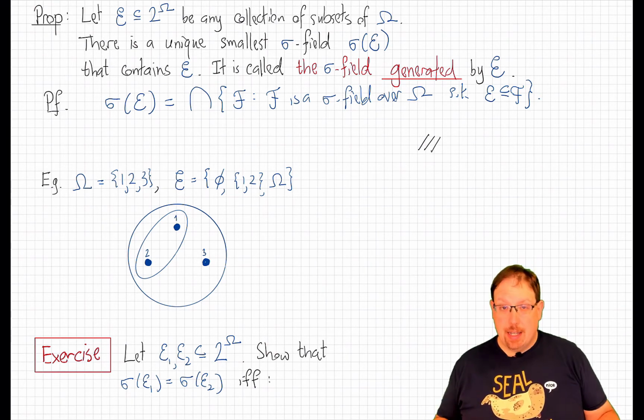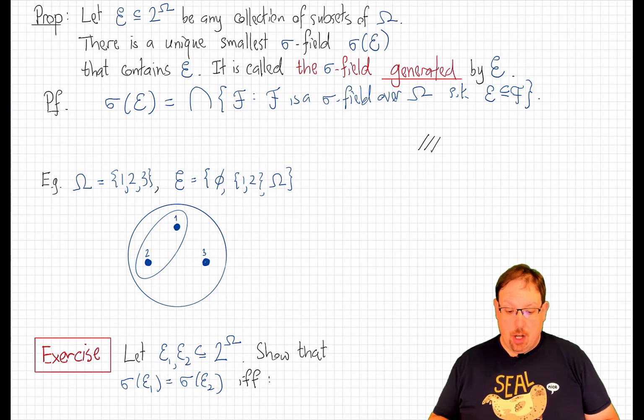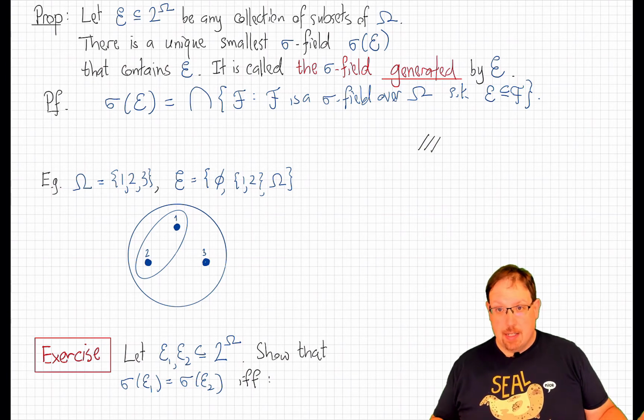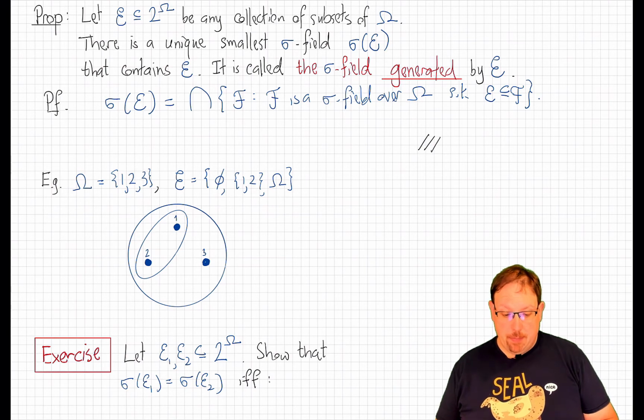The power set is a sigma field that contains E. And therefore, we're taking a non-empty intersection. It's an intersection of sigma fields by definition, therefore it is a sigma field by the previous lemma.